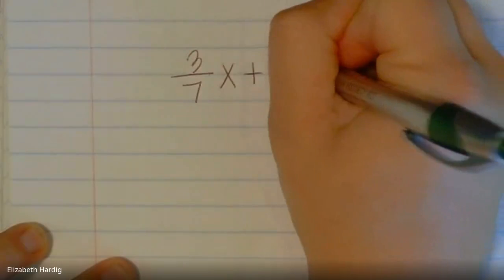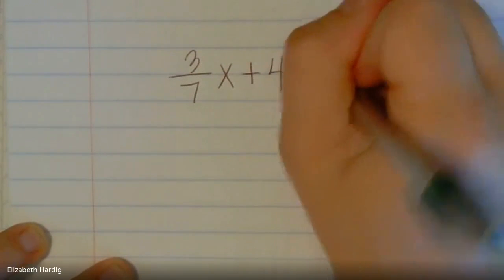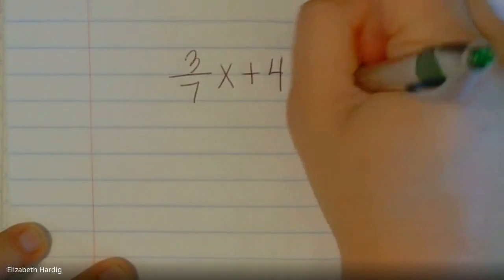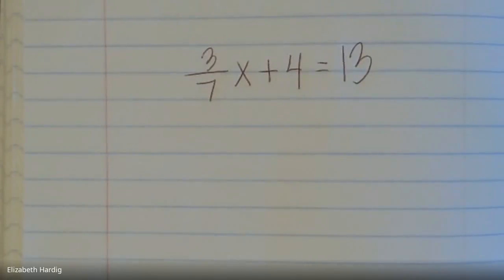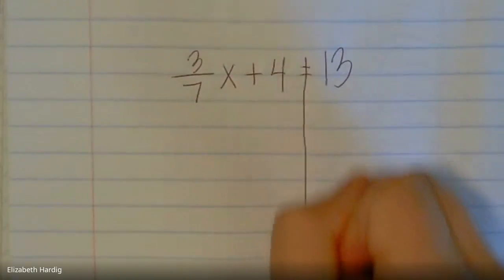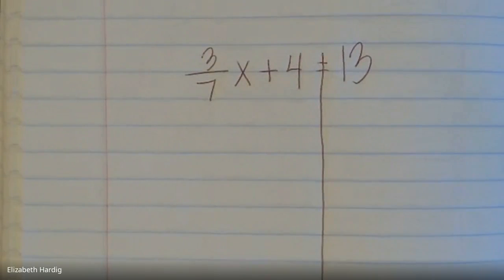plus 4 equals 13. Okay. So if we're treating this like we did the other ones, I would draw my line and I want to move my constant. Which one do you want to get rid of? The 4. Positive 4. Good. And if it's positive, how do I cancel out a positive 4?